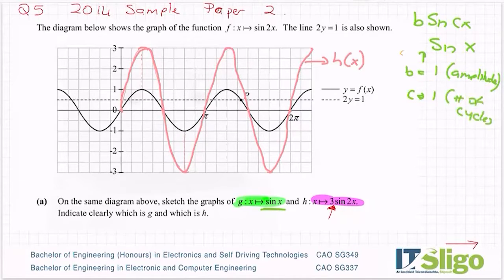Again, I put in my zero crossings, my peaks and my troughs. If you see a sine wave, it starts at 0 and it finishes at 0. So the first two points I tend to put in are that 0, the starting point, and the end point 2 pi.